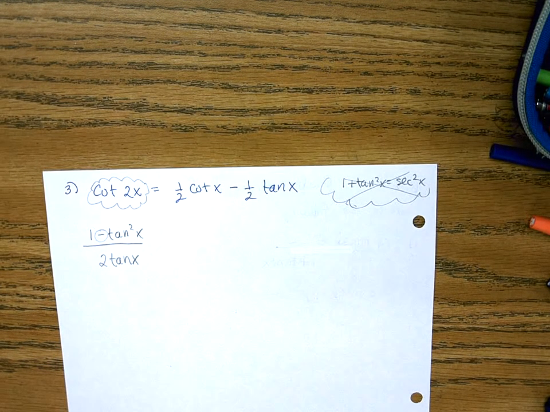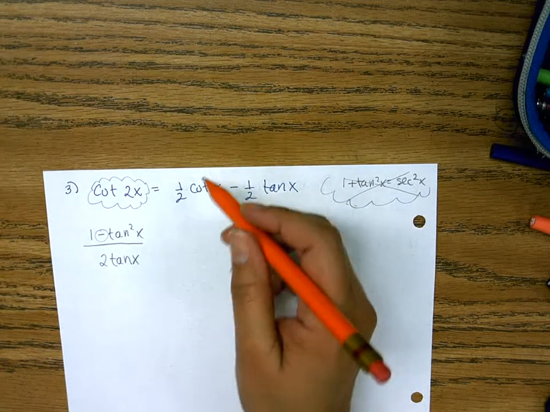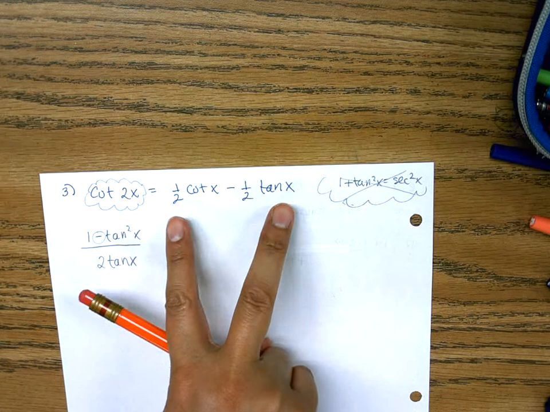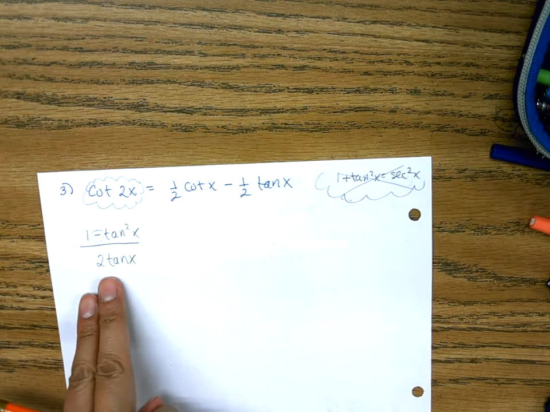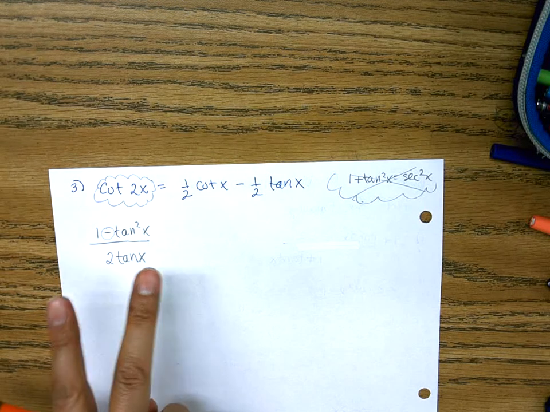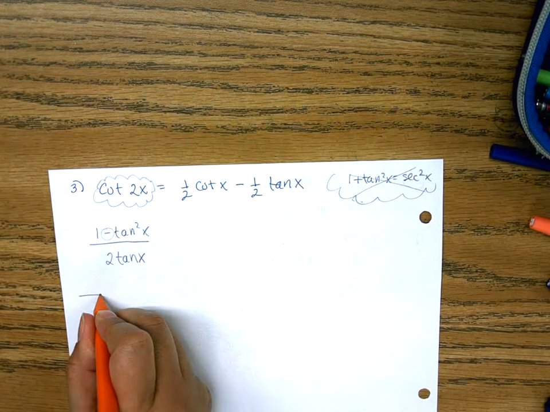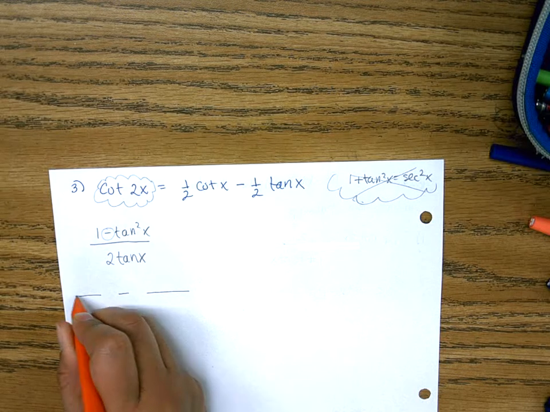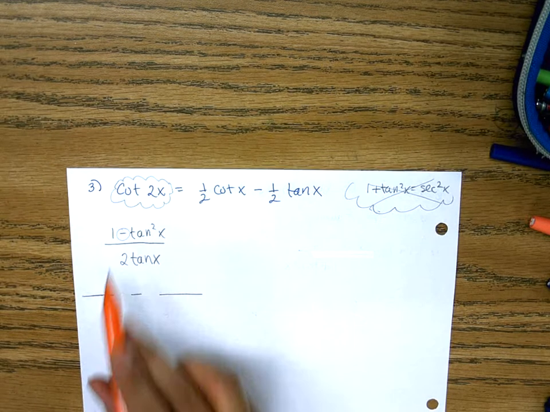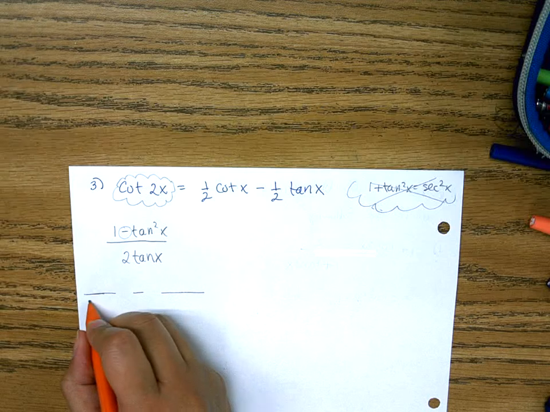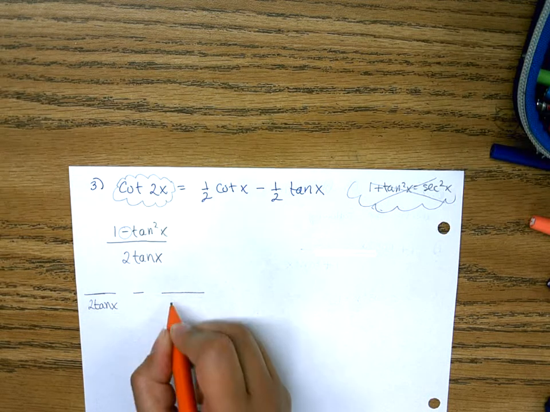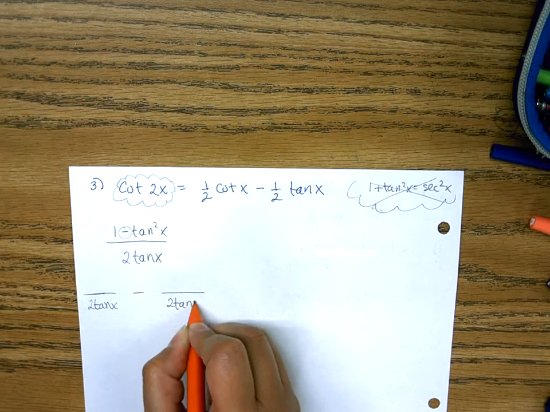All right. I look at this side as a guide. I have 2 separate terms where here I have only 1. So what are you thinking we can possibly do? Split the fraction. And it's splitting a subtraction, and if I split an addition or subtraction, I have to have a common denominator. So the 2 tan x will go on both of them.